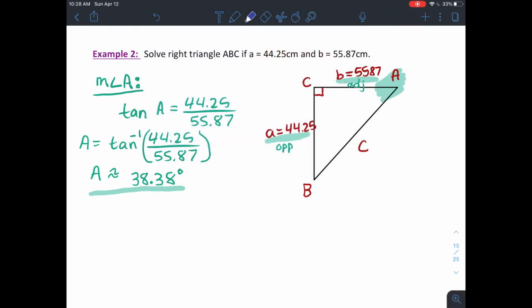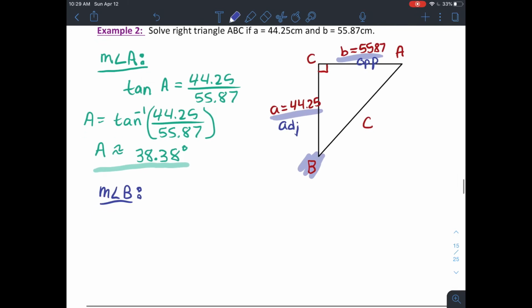Let's switch to another angle. So again, we don't really want to use rounded off values, stick with the originals. So if I go for angle B now, in relation to angle B, A and B are still the opposite and adjacent sides, but they're swapped. So angle A is adjacent and angle B is opposite. So I'll have tangent of angle B would be 55.87 over 44.25.